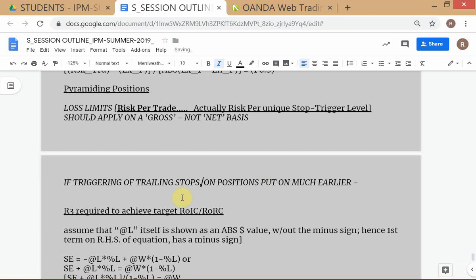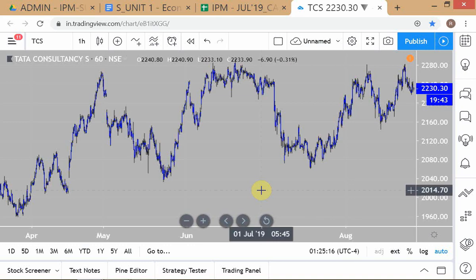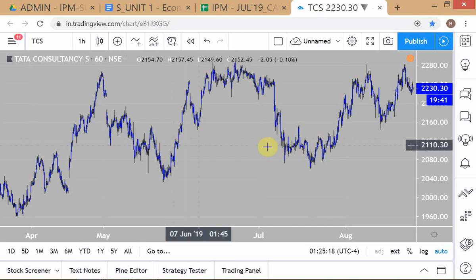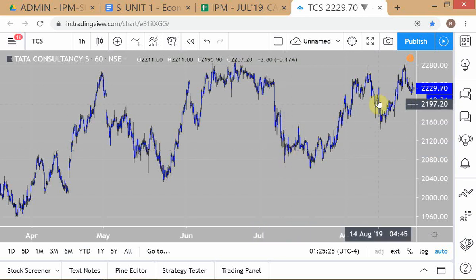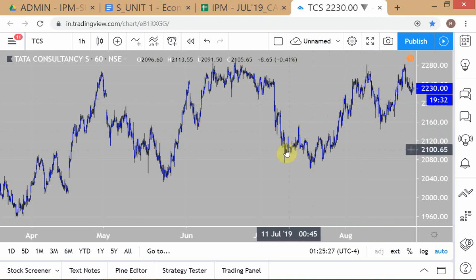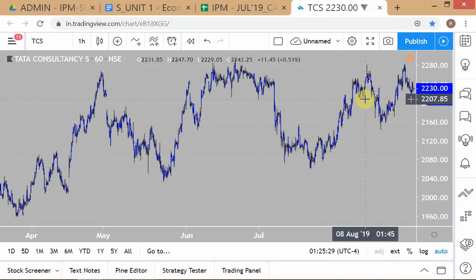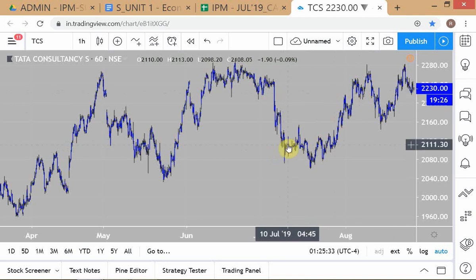What am I talking about? On positions put on, I'm talking about this. This position I put on much earlier for 500 shares for the short-term system, roughly 2100. And this is the trailing stop for that position. When this stop triggers, there will be a profit on this 500 share lot.